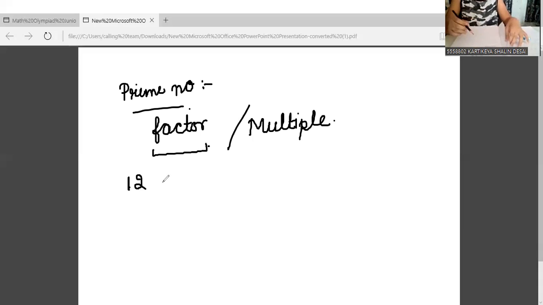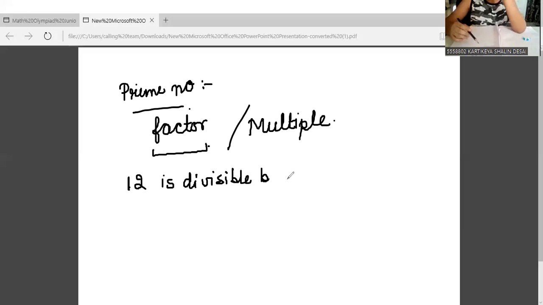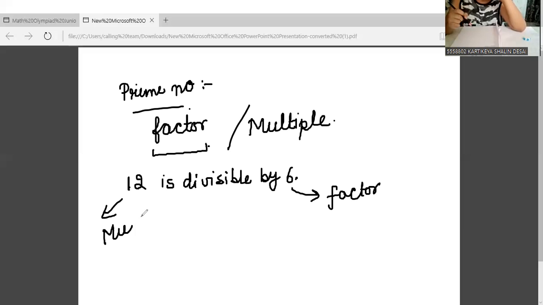Very, very good. So whenever you take any number, for example, Amika has taken 12, she is saying that 12 is divisible by 6. Very good, you're using new terms. So this 6 is called a factor, and this 12 we call a multiple.